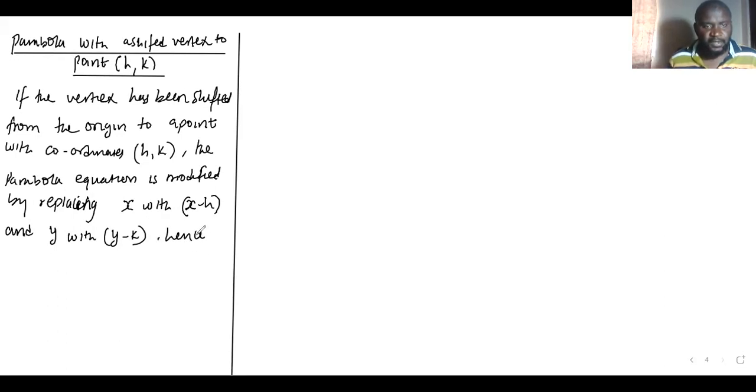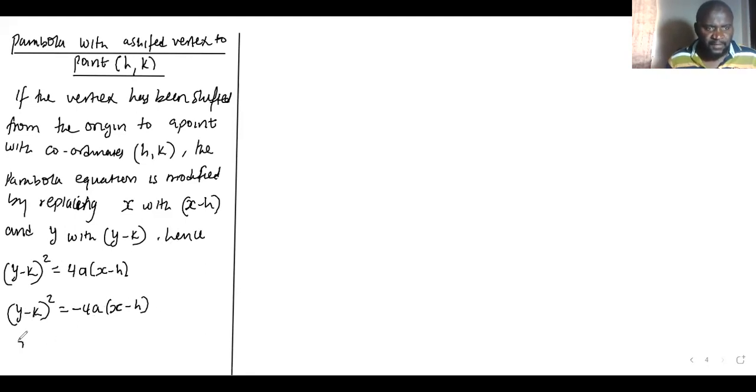Hence, note the following. (y − k)² will give us 4a(x − h). Then we can also have (y − k)² equal to −4a(x − h).